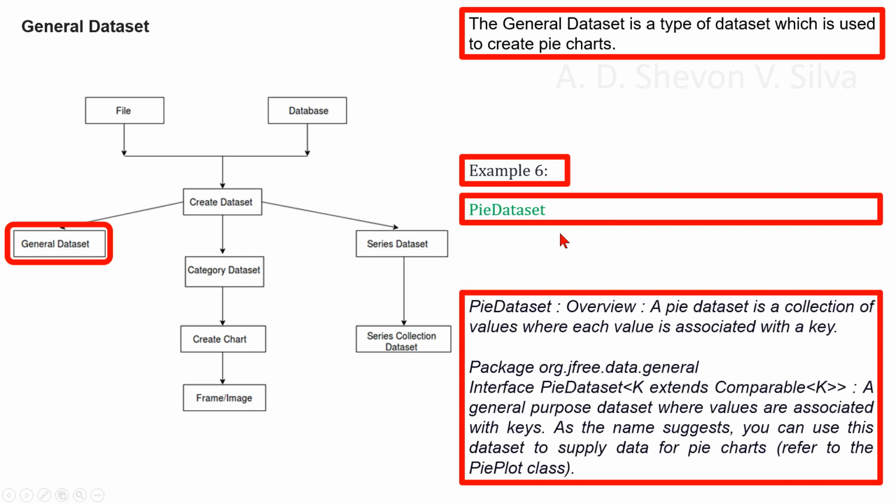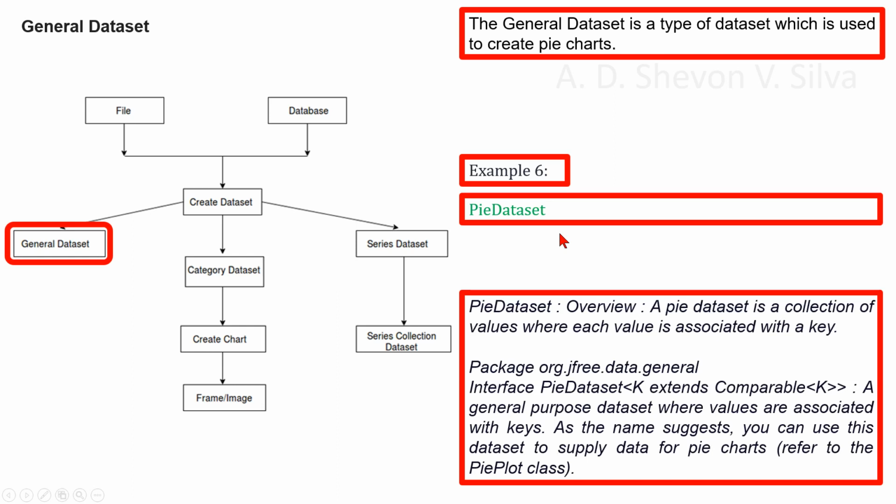Overview of PieDataset. A PieDataset is a collection of values where each value is associated with a key. Interface PieDataset<K extends Comparable<K>> in package org.jfree.data.general. A general purpose dataset where values are associated with keys. As the name suggests, you can use this dataset to supply data for pie charts.